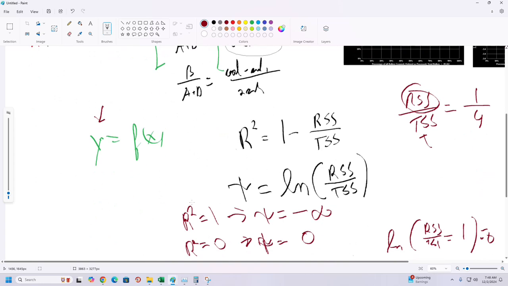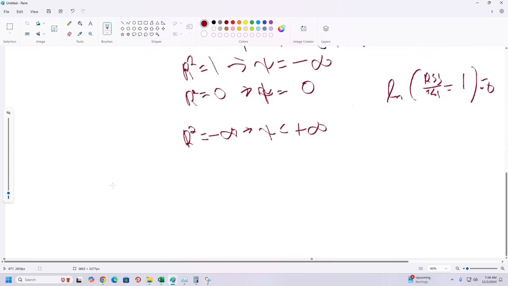Now, there's a little limit involving logarithms in general. You get the limit of ln of (x plus 1) over x, as x goes to 0, is equal to 1.